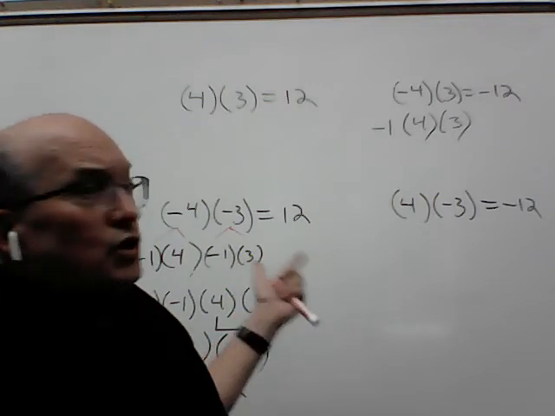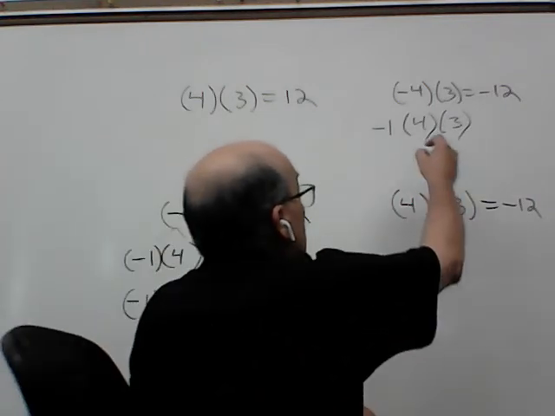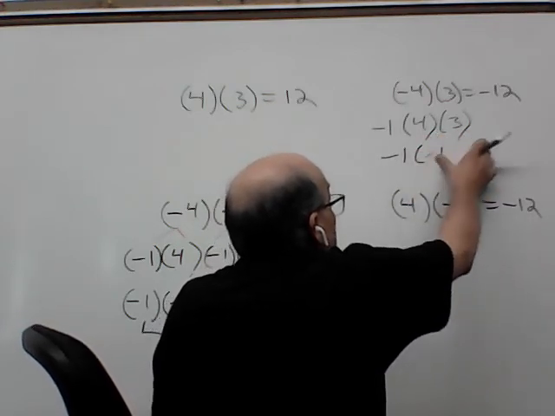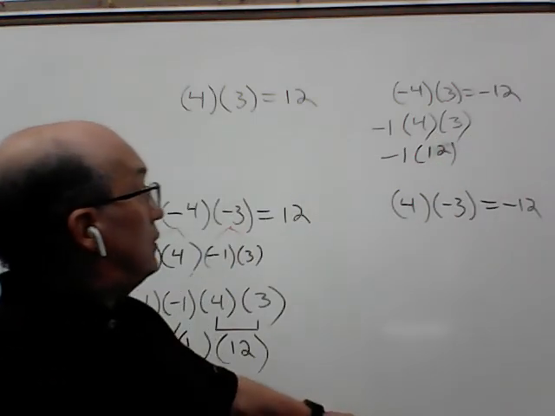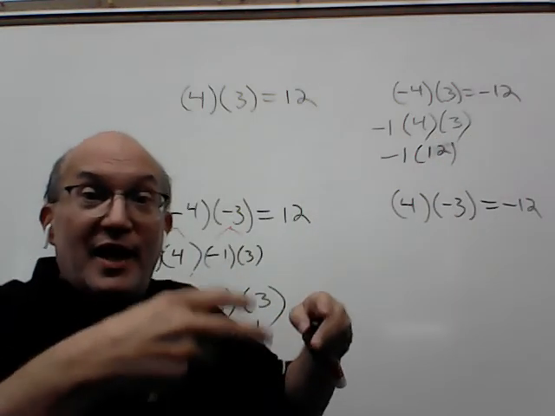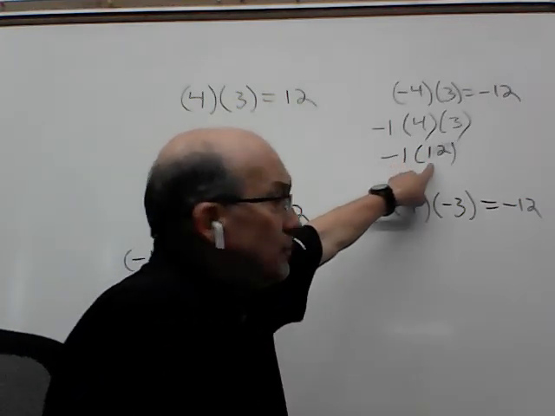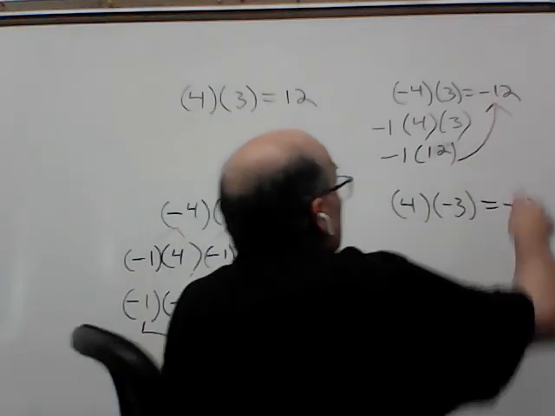And the associative property tells us that we can multiply the 4 times 3 first if we want. So we have -1 times 12. 4 times 3 is 12. So once again, we're applying what we proved over and over again. So -1 times 12 is the opposite of 12, which of course is -12.